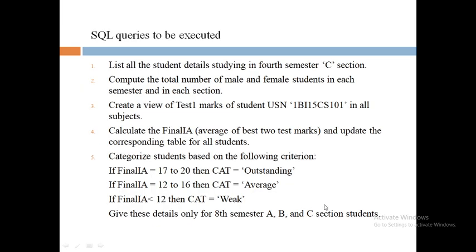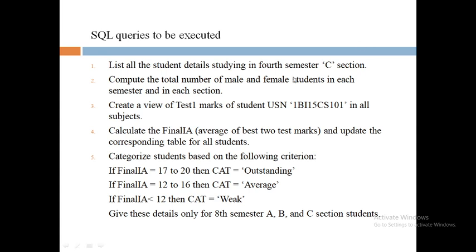Now we'll see the queries. Here the first query is: list all the student details studying in 4th semester C section. What information we want here is the student details. Student details can be obtained from the student table.